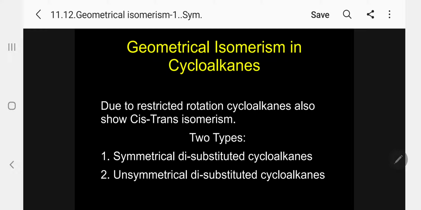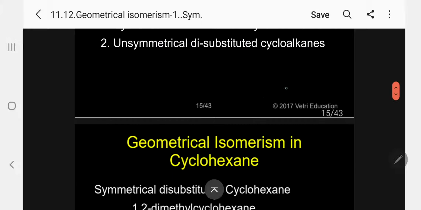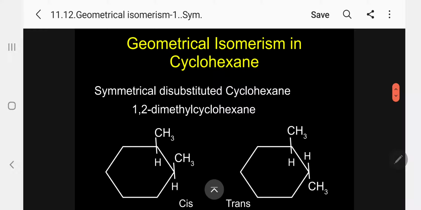First, let me take symmetrical disubstituted cyclohexane and explain. Questions will come in IIT, AIIMS and even NEET from this. Kindly see here: with a simple cyclohexane ring I can show this is cis, this is trans.